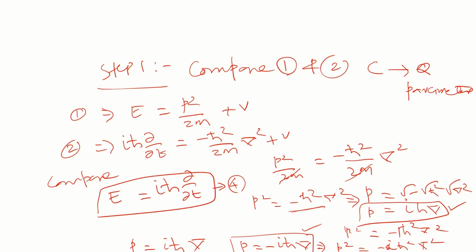So the first confusion is whether to proceed with p = iħ∇ or p = -iħ∇. Squaring both gives the same value, and we are going to take p = -iħ∇. This value we are going to take because Schrodinger has taken this value only.